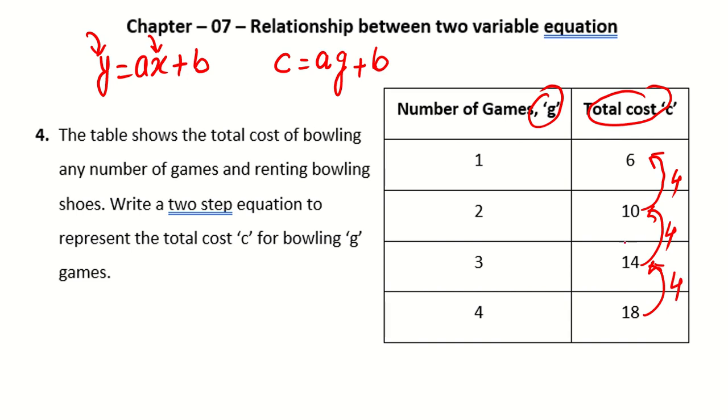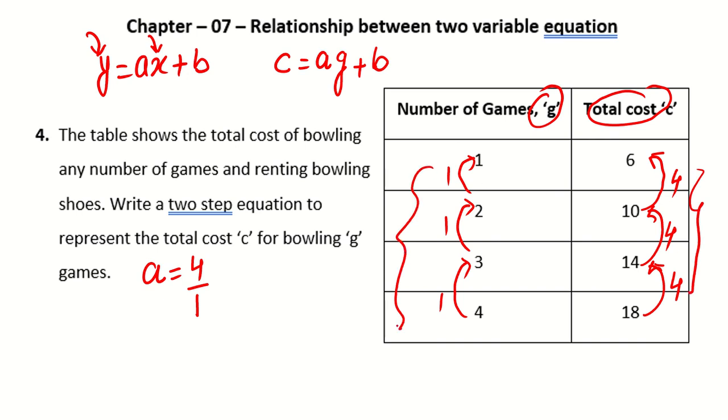Make sure that this subtraction is the same. Here also 4 minus 3 is 1, 3 minus 2 is 1, and 2 minus 1 is 1. So if it is the same, then what will be the value of a? Value of a will be 4 over 1, means the second value minus, and then this side minus. And 4 over 1 is equal to 4.